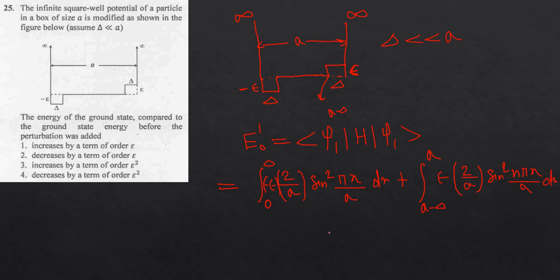Now if you solve this, take epsilon, 2 epsilon by A common, and here you can write sine square in terms of 1 minus cos 2 pi x upon A. Similarly here you can write 1 minus cos 2 pi x upon A. If you integrate cos, it will become sine, and after putting the limits that function will become 0.